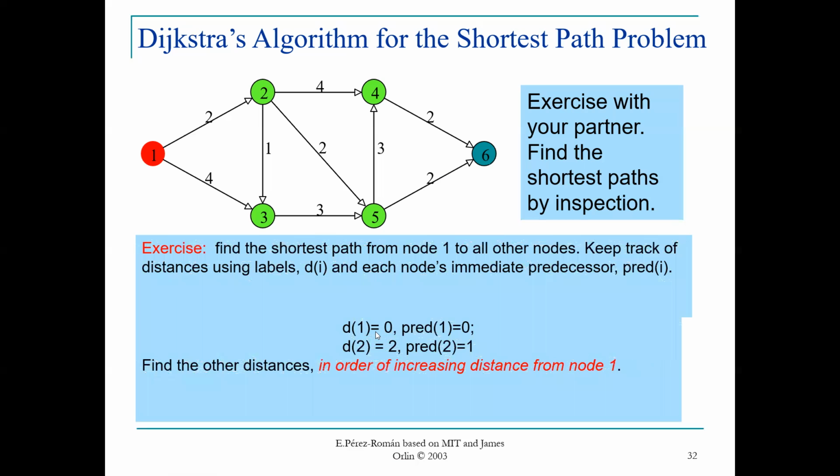So the exercise finds the shortest path from node 1 to all other nodes. Keep track of distances using labels d_i, and each node's immediate predecessor i. So we're going to keep track of these two lists. We have a list d_i and we have a list predecessor i.